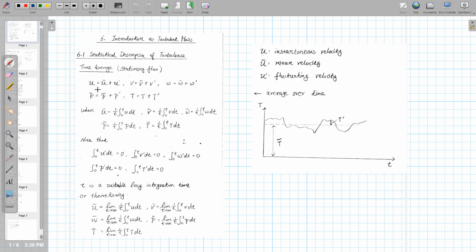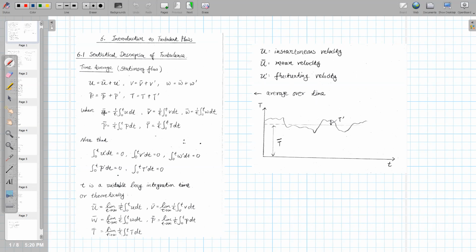The time averaging means that you can calculate the mean value of U, V, W velocity, or P pressure, temperature, through a time interval between 0 to T on the instantaneous value, U(t). This U, without any bar or prime, means the instantaneous value.